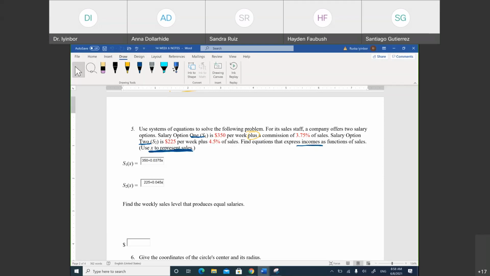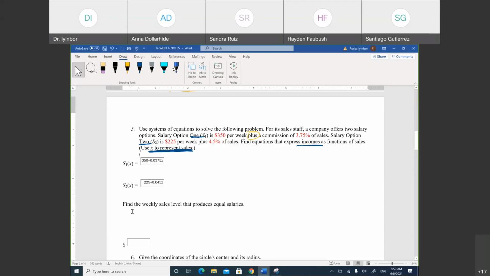Everybody understand that? There is no formula, just use your common sense. Finding percent of sales is multiplying the decimal form times x and adding the base salary. This is the base salary, 350. We're going to pay you 350 plus the commission. So that's how you set up the two equations.